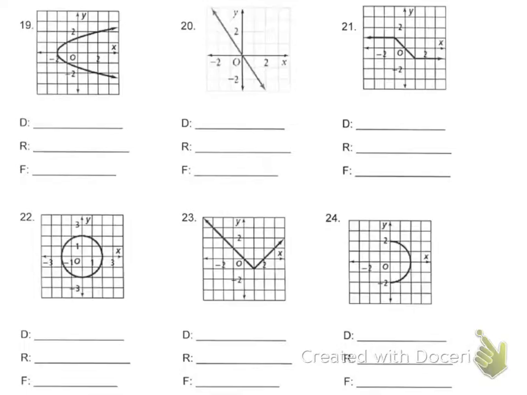Number 19 is a parabola, it looks like, but it's on its side, yes? As you can see, our domain is not all real numbers, is it? For these types of problems, I would want set notation and interval notation. Set notation would be something like this: x such that x is greater than or equal to what?